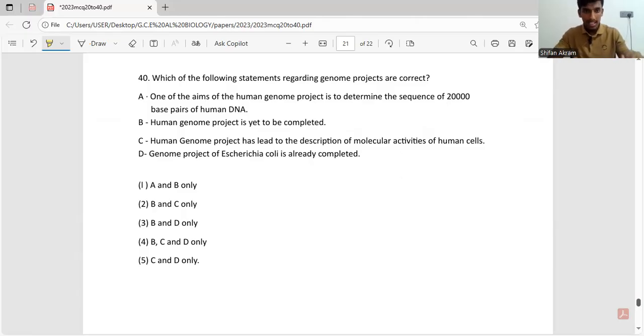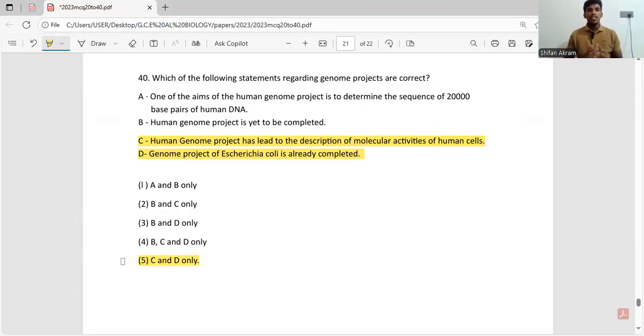So this statement is correct. And last statement, genome project of Escherichia coli is already completed. Yes, the genome project of Escherichia coli, the mouse, and even the rice is already completed. That statement is also correct. The correct answer is C and D.